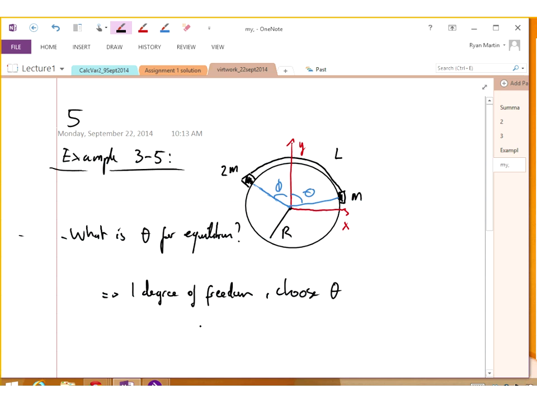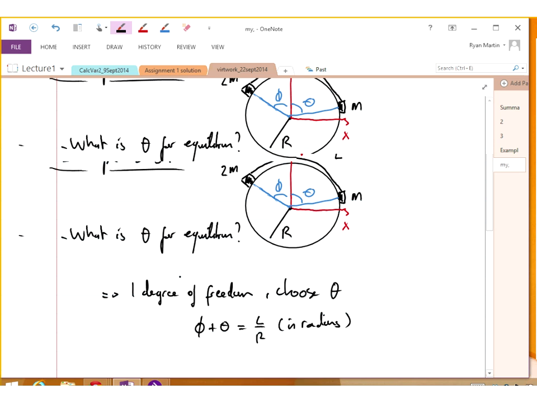The total angle subtended by the rope, right, is L over R in radians. So you have phi plus theta is equal to L over R. Just think about it in radians, right?